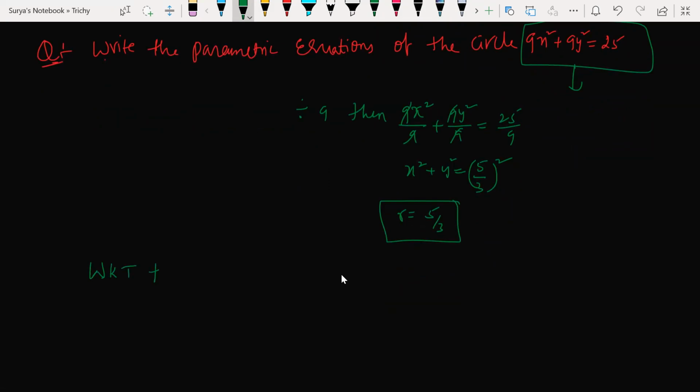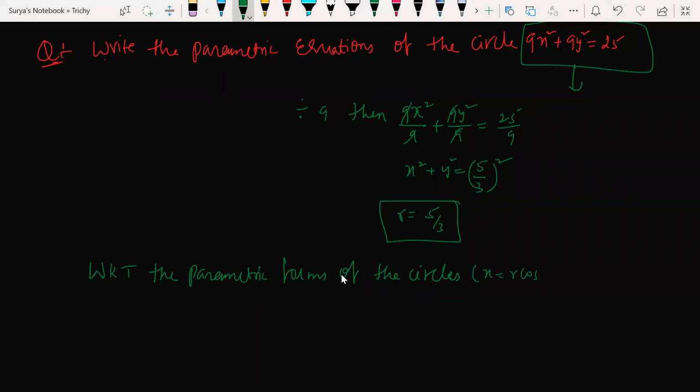So then we know that the parametric forms of the circles are x is equal to r cos theta.